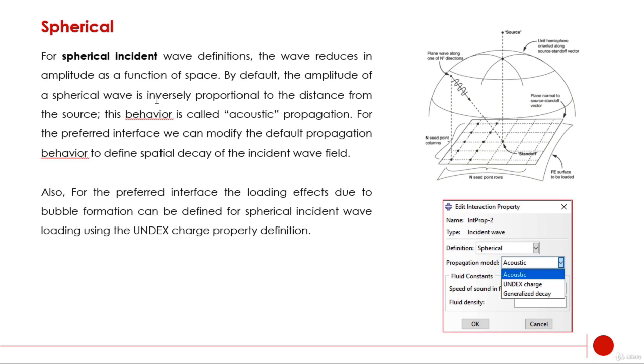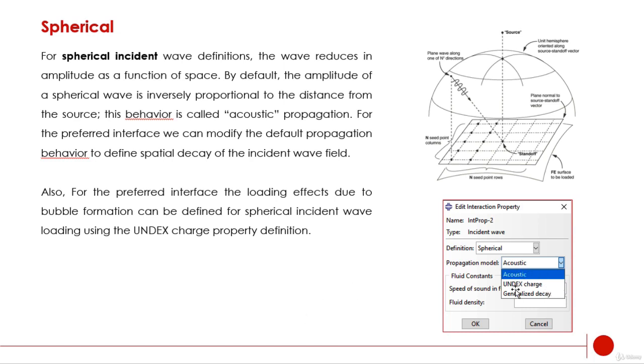This behavior is called acoustic propagation. For the preferred interface, we can modify the default propagation behavior to define a spatial decay of the incident wave field. Specifically for the definition of a spherical wave, we have three options: acoustic, UNDEX charge, and generalized decay.